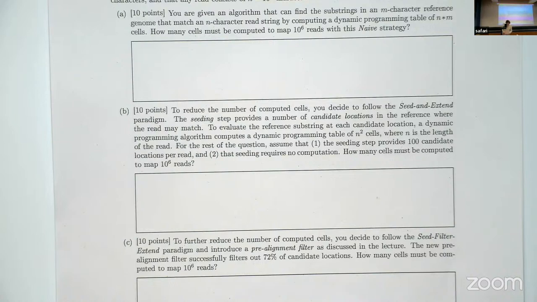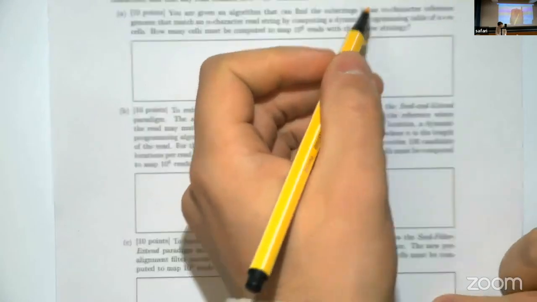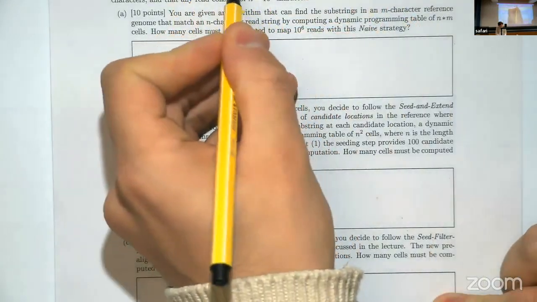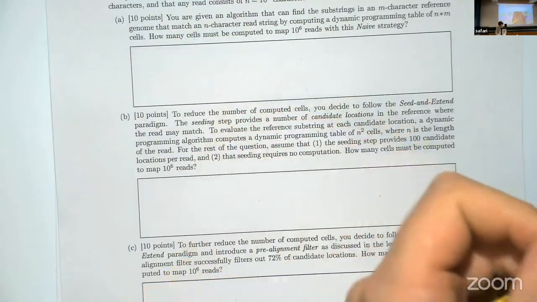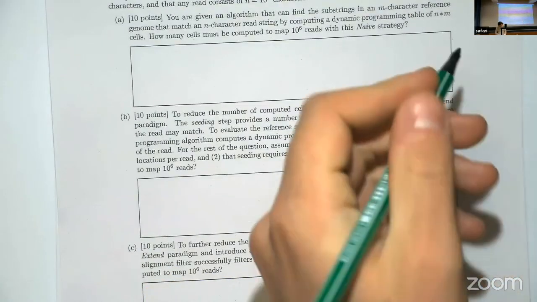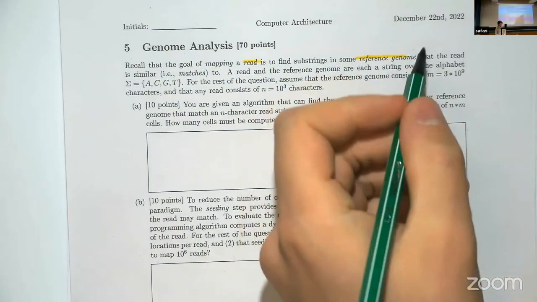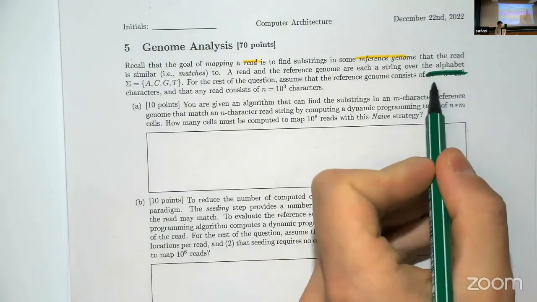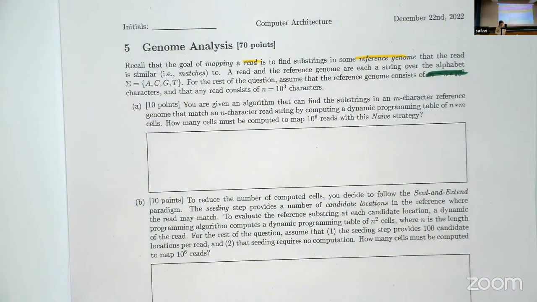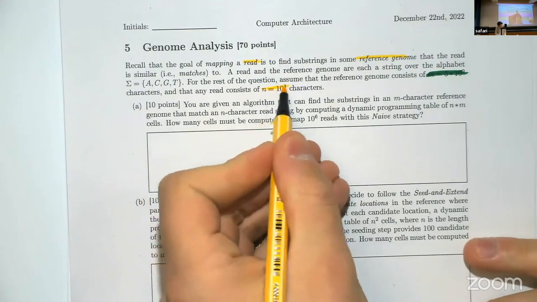So basically you're asked to evaluate multiple ways of doing read mapping. You're given a reference genome, reads, and you know how large they are. The reference genome is 3 times 10 to the 9 characters, so 3 billion.